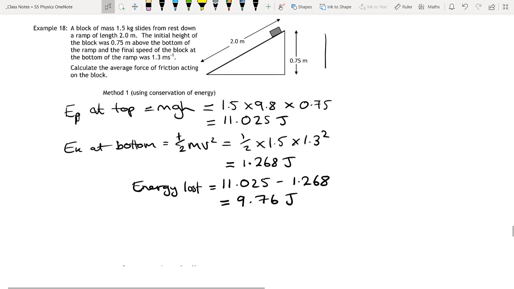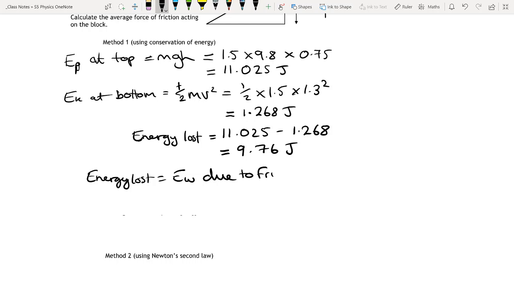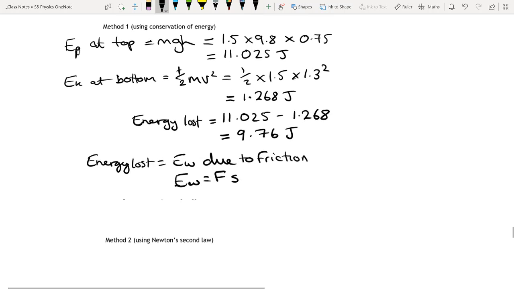That's not the answer to the question though, because we're asked to calculate the average force of friction acting on the block. So we want to say the energy lost is equal to the work done due to friction. So work done is force times distance, or you'll probably see in the equation list it is labelled force times s for displacement.